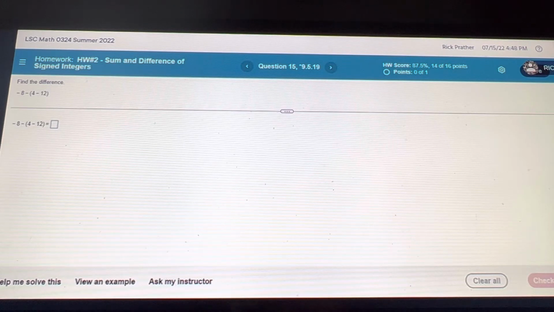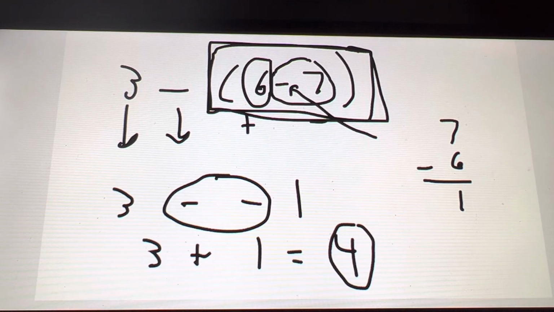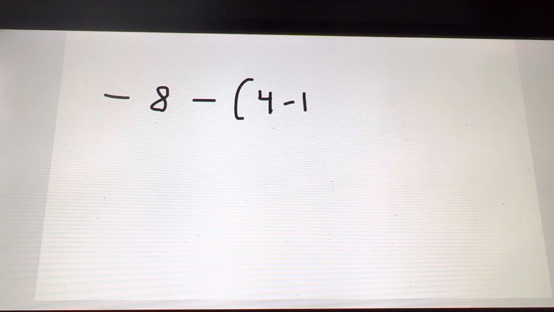Okay, here is number 15. Negative 8 minus 4 minus 12, sort of similar to the one we just did here. Negative 8 minus parenthesis 4 minus 12. Always do the parentheses first, whether they're parentheses or brackets.